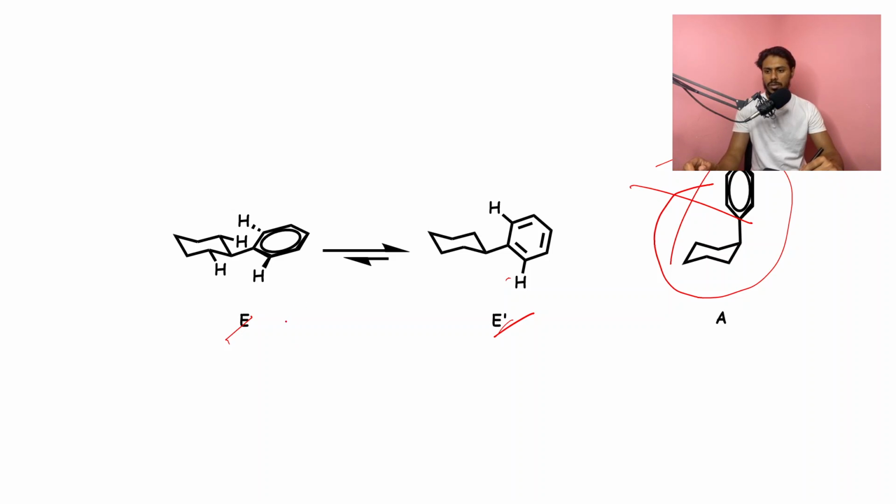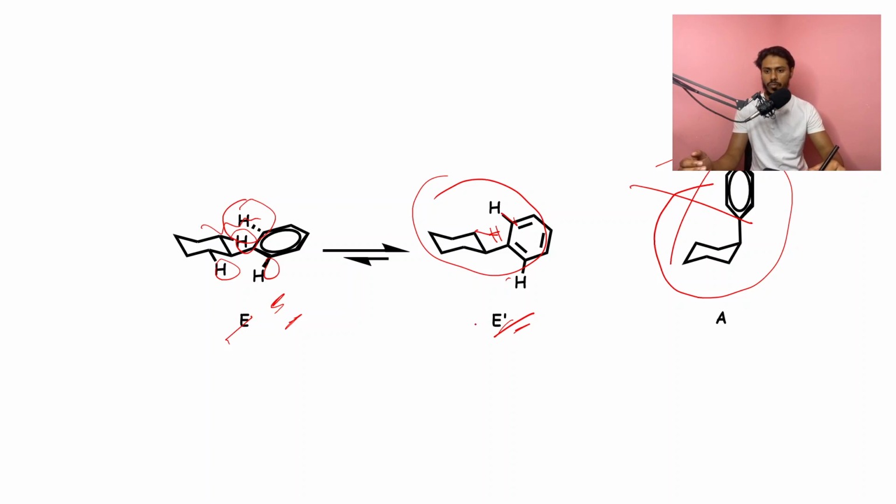Between these two equatorial forms, in this one you can see a similar kind of interaction between this ortho hydrogen atom and this equatorial hydrogen atom, so there is a steric clash. But here there is no such steric clash because this hydrogen is here and this hydrogen is on some other side, so there is no spatial interaction between these two.